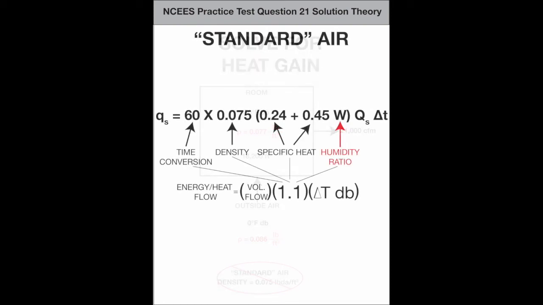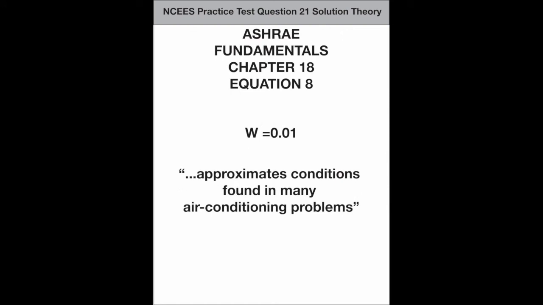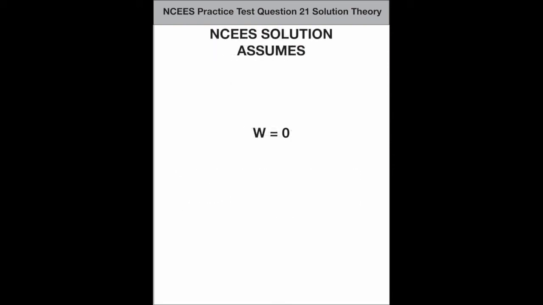A word about this humidity ratio. According to ASHRAE Fundamentals, Chapter 18, Equation 8, a humidity ratio of 0.01 approximates conditions found in many air conditioning problems. The NCEES solution assumes a humidity ratio of 0.